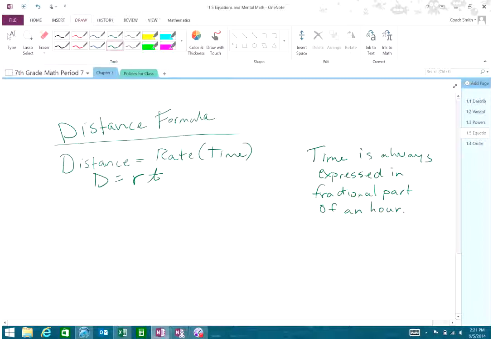So, for example, 30 minutes would equal 1/2 of an hour. And you would need to express it as 1/2 of an hour. 20 minutes would equal 1/3 of an hour.